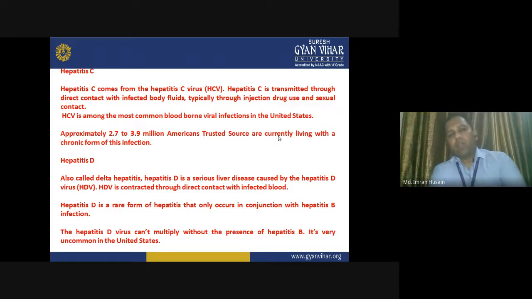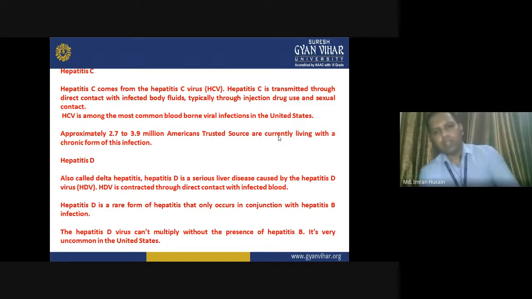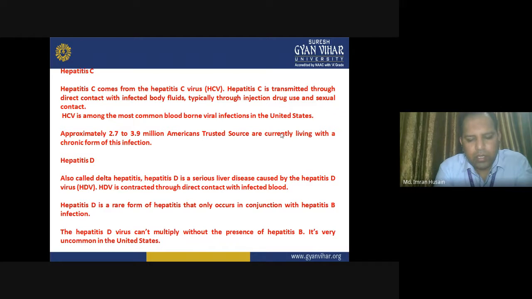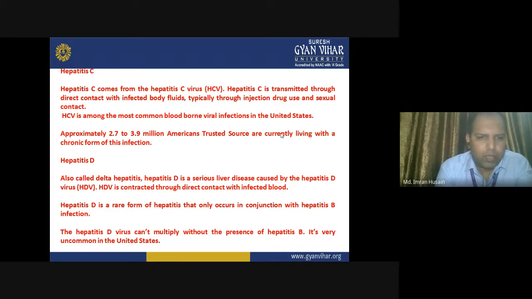What I'm trying to make you understand here is that if you take care of your sanitation and your drinking water, then you are much less likely to get this disease, because most of the time it is contracted through unhygienic practices and lack of a proper place for sanitation.